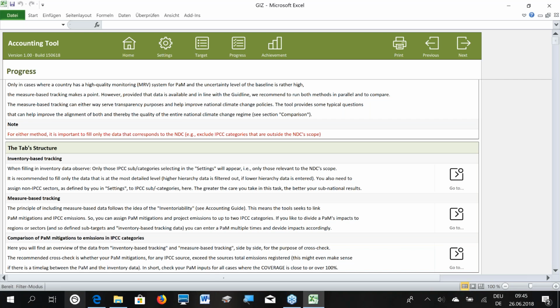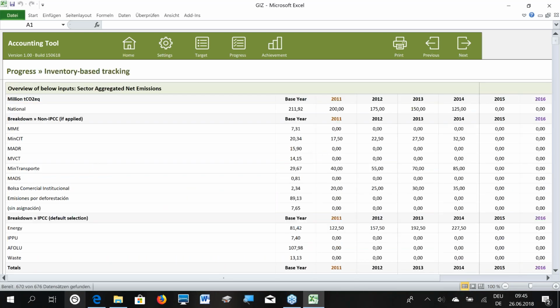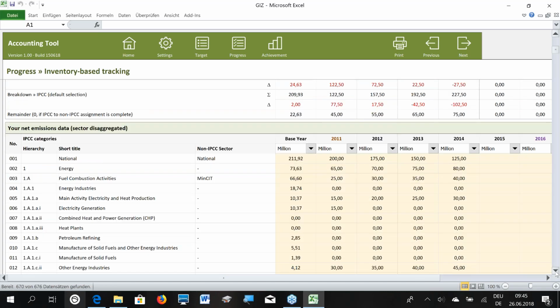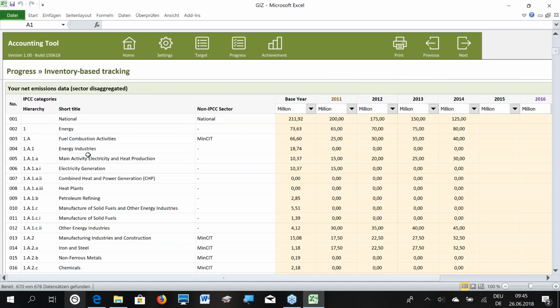So here in the inventory-based tracking, you have a short overview of the aggregated emissions, and here below you put the data for the IPCC categories. These IPCC categories that are relevant for your country, you can select them in the settings section, and then only those categories that are really relevant for your country would appear here.